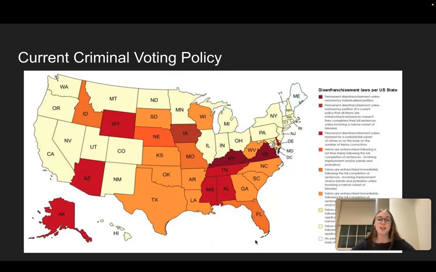Some articles have stated that this is very racially motivated and a very taboo topic because it disproportionately affects people of color and other minorities, and that it's just another way for the government to limit these people's access to democracy. Other reports follow the more general American population and their opinions on it, which state that most people think that our voting rights should be taken away if the person is in prison, but after that, once their sentence is complete, they should be able to vote again.